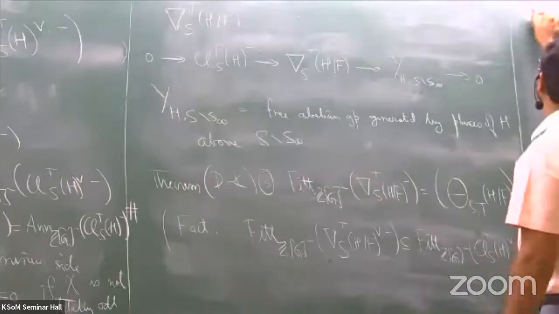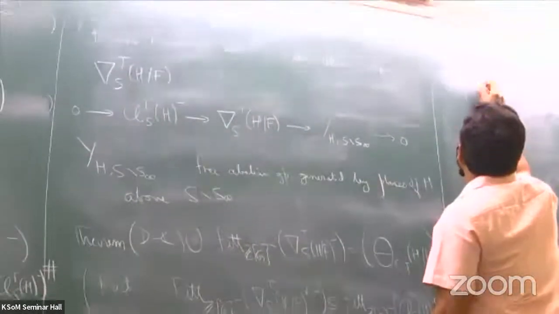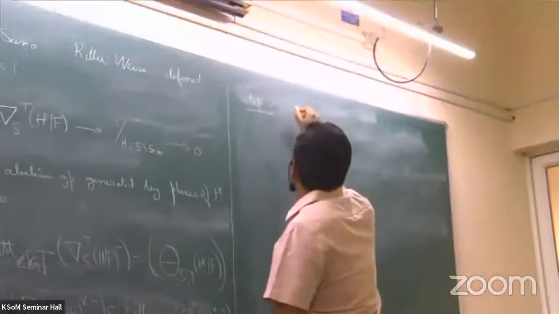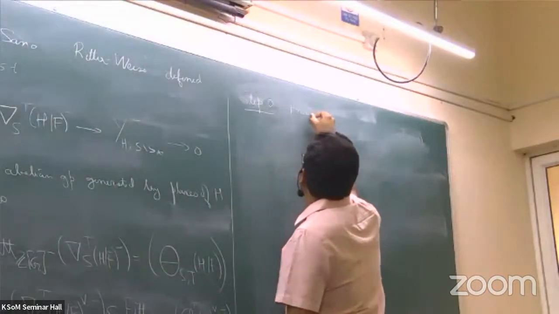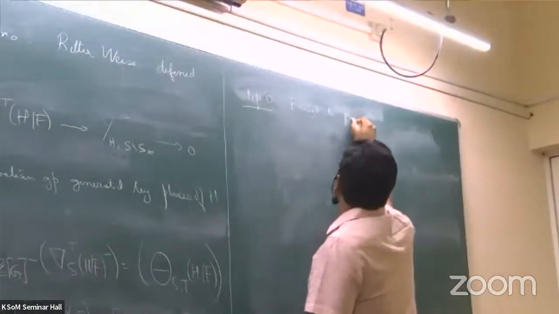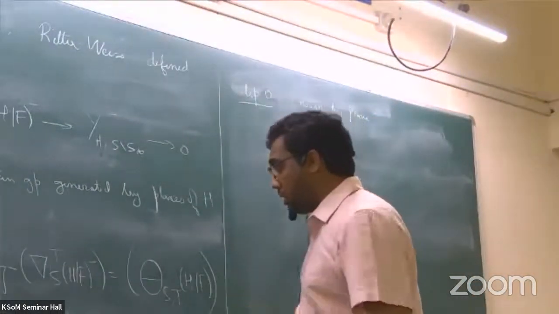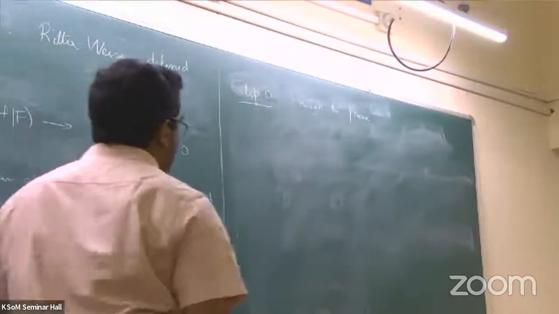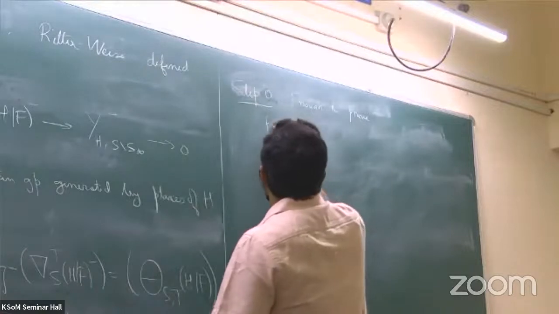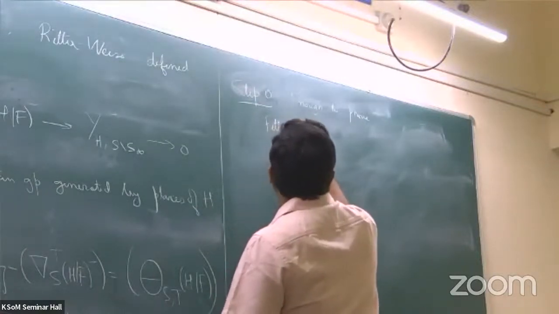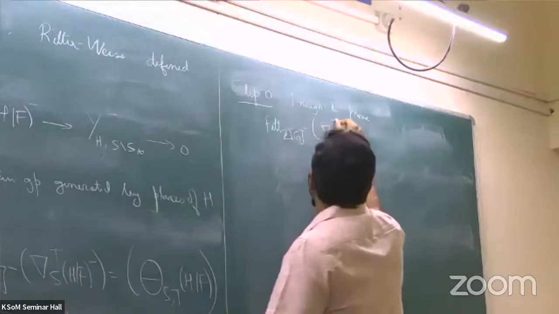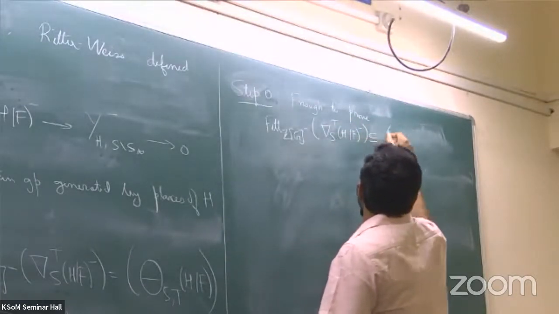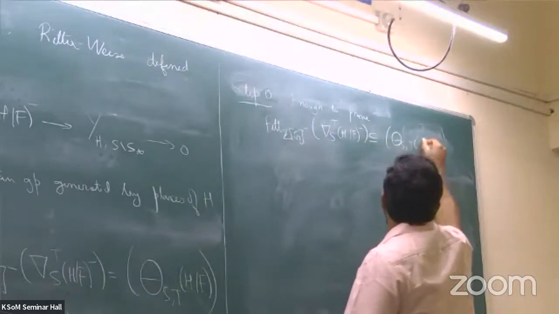Okay, so step 0 is we will show enough that this fitting ideal is contained in this: the fitting ideal of ZG minus nabla ES H over F minus is contained in the ideal generated by theta.